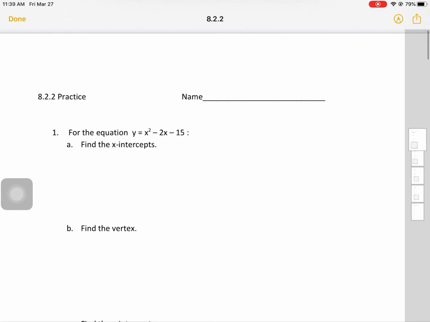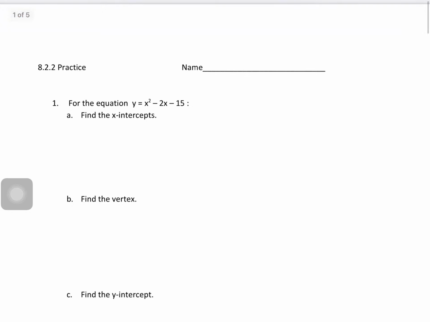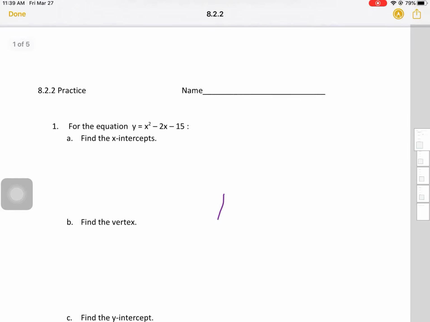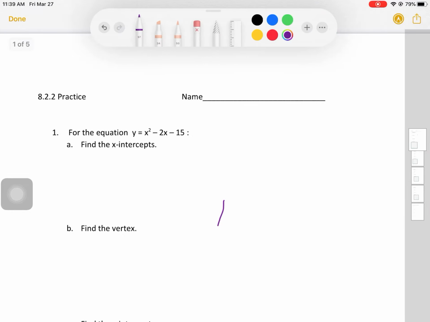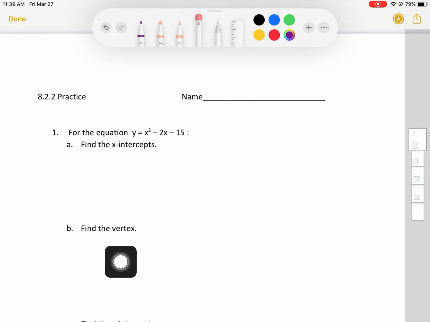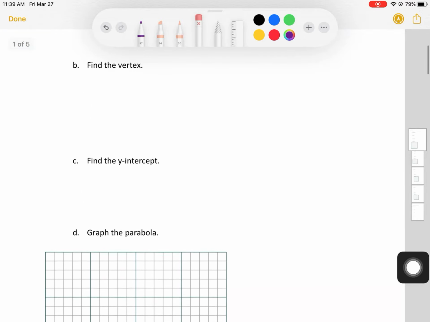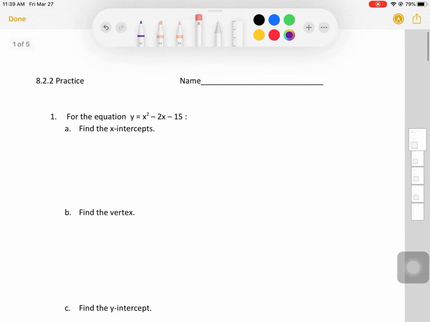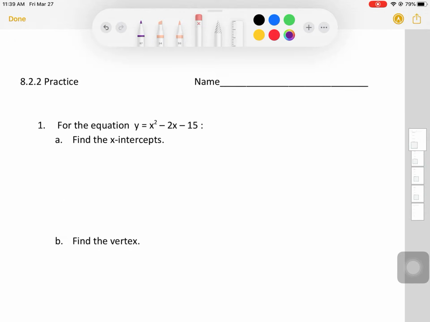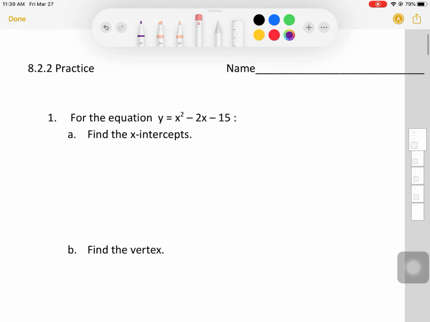As you can see what I have written here, we're going to try and find the x-intercepts, the vertex, the y-intercept, and then we're going to graph the parabola. So we're going to start with this equation, y equals x squared minus 2x minus 15.